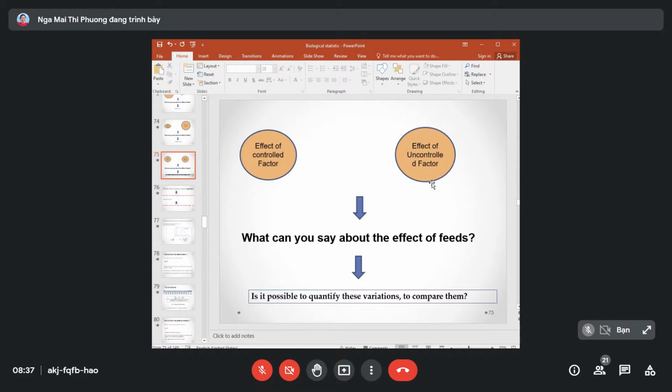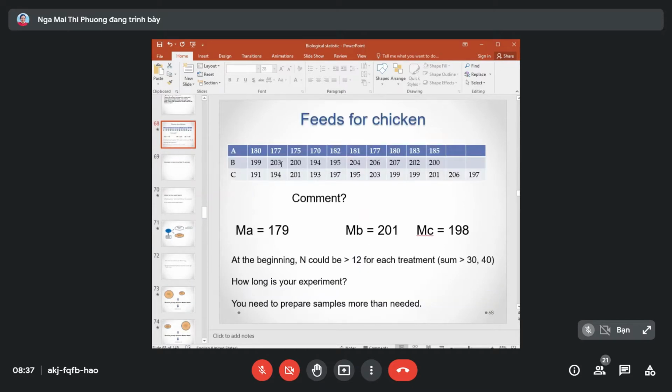So you have 10 chickens for feed A, 10 chickens for feed B, and 12 chickens for feed C. Yeah, this one, the table here. You have 10 chickens for feed A, 10 for feed B, and 10 for feed C. From that, you can calculate the average eggs given by feed type A, feed type B, and feed type C.